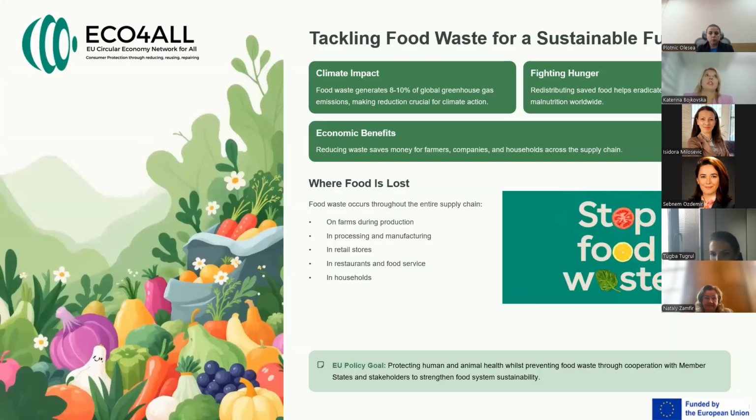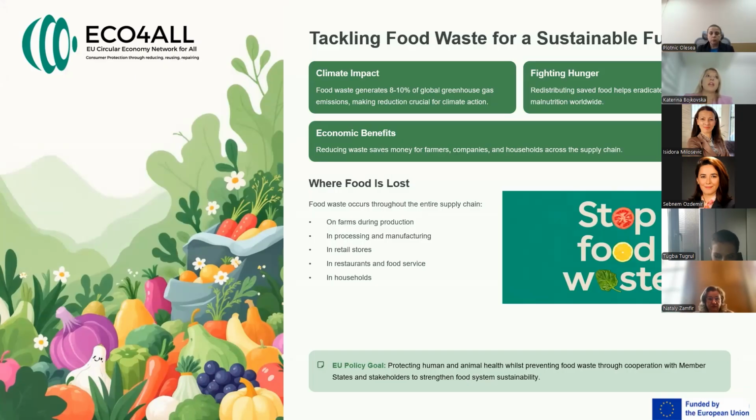Reducing food losses and waste will significantly help achieve the Sustainable Development Goals, but in this way, it will also support the fight against climate change. Food waste alone generates 8 to 10% of global greenhouse gas emissions.